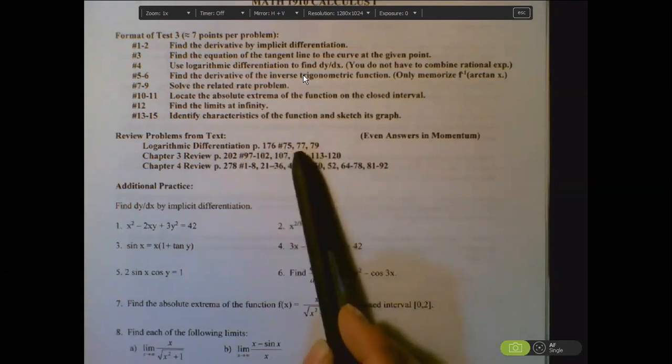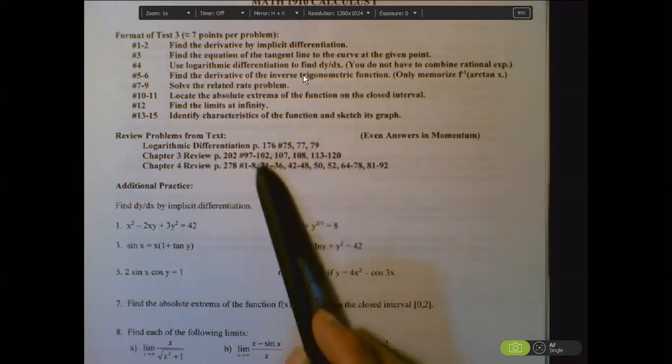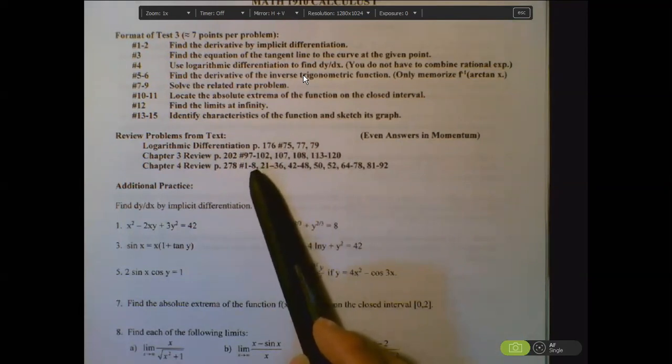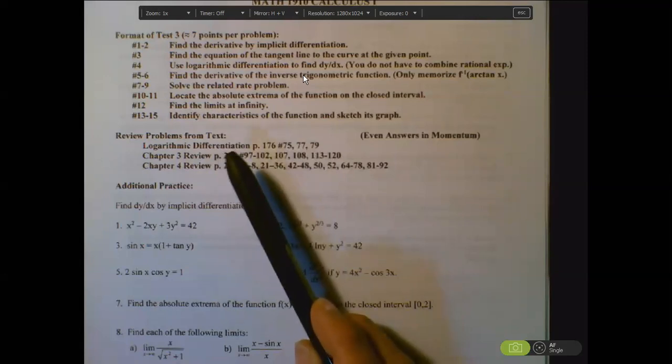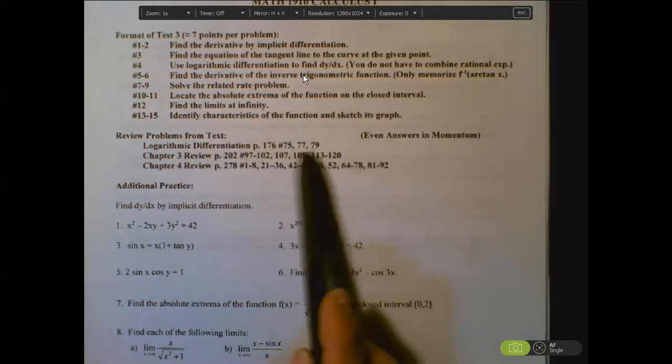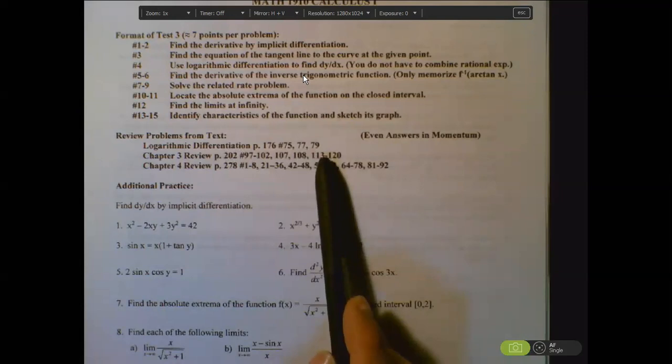So I gave you three. The one on the test is similar to one of these three, because those on the review, there's no good reason why you should use logarithmic differentiation for those. I don't use logarithmic differentiation pretty much unless I can't use anything else. And on these three, you can't use anything else.